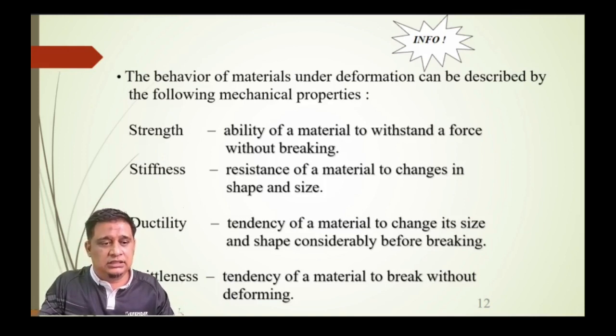Second, stiffness: the resistance of a material to change in shape and size. Third, ductility: the tendency of a material to change its size and shape considerably before breaking. Brittleness: the tendency of a material to break without deforming.